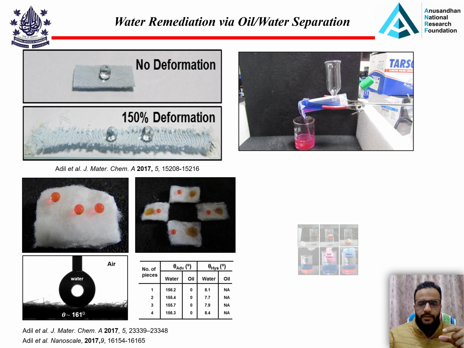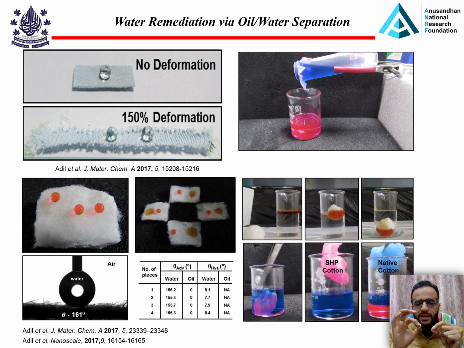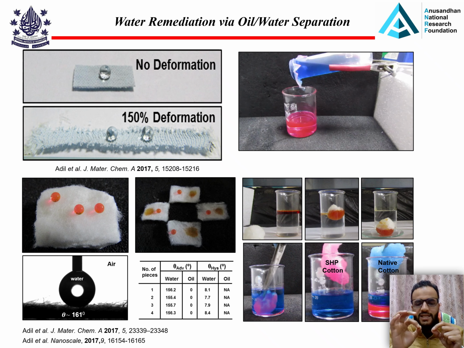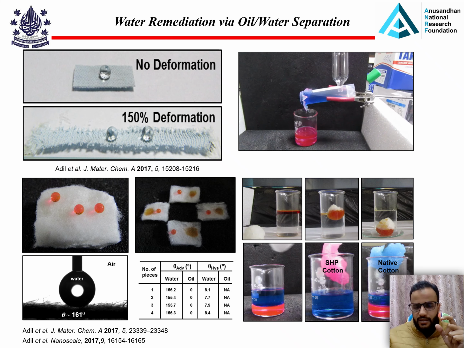And that cotton was used for absorbing oil from an oil water mixture, where we can see the super hydrophobic cotton selectively absorbs the oil, whereas the untreated cotton only absorbs the oil or water which comes in contact with the cotton first. So it remains selective for separating the oil from the oil water mixture. The super hydrophobic cotton in that case could be useful for removing oil from oil water mixtures.